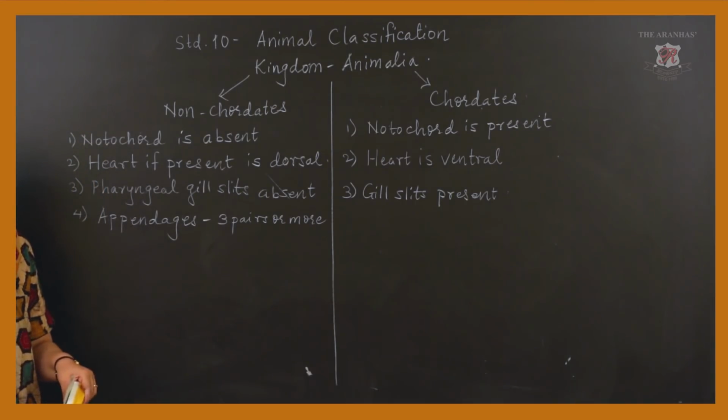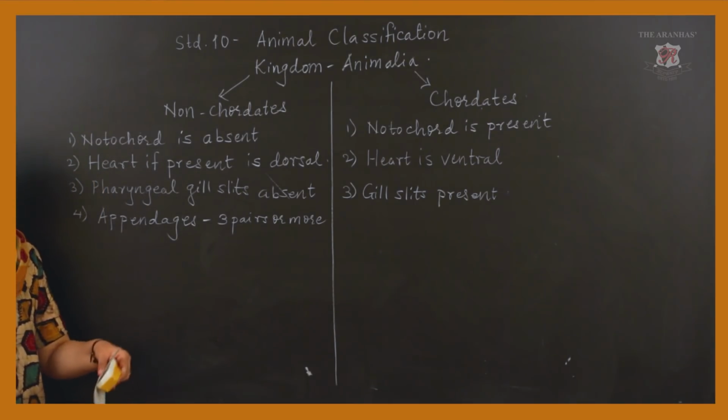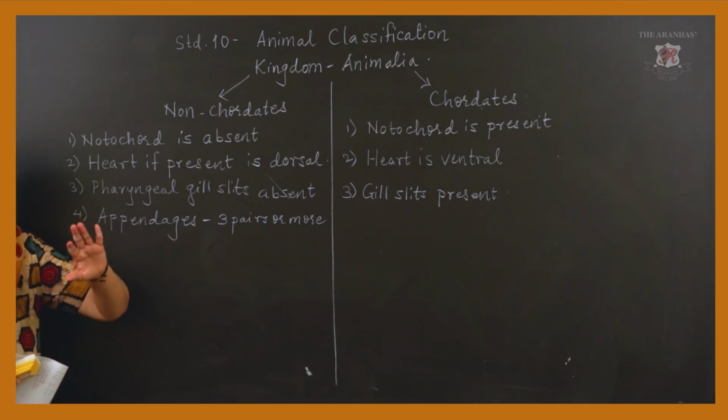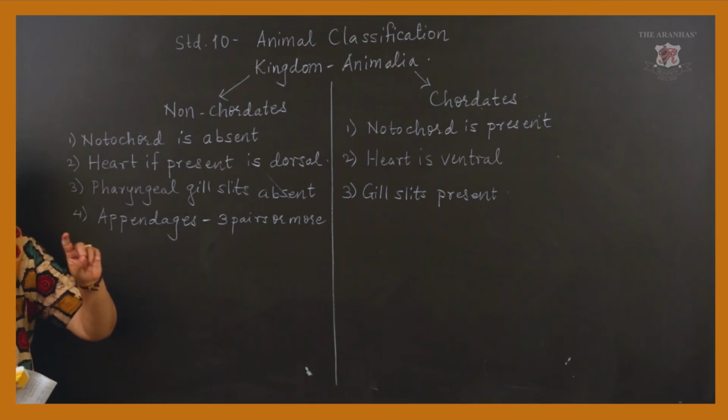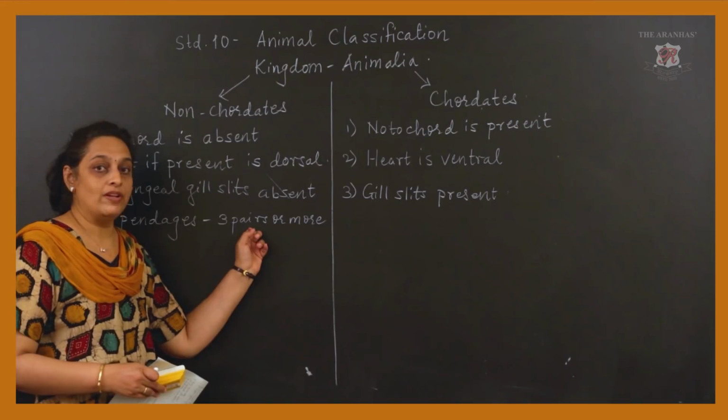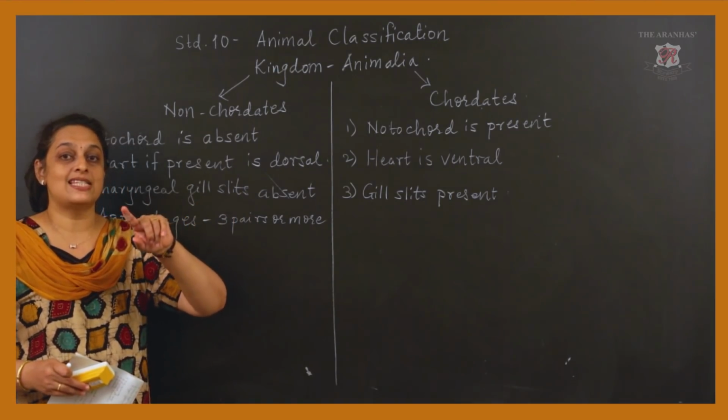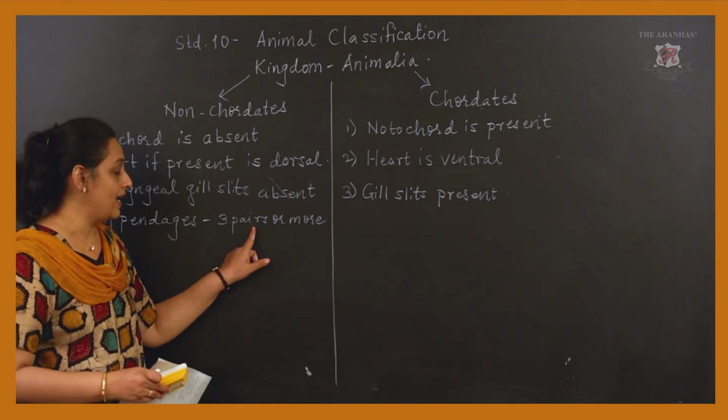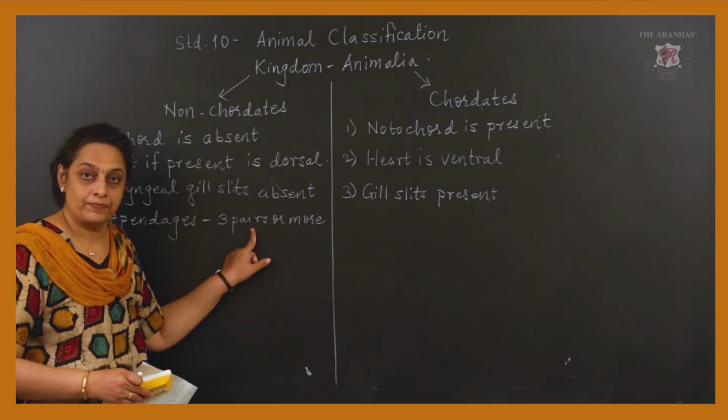So see, cockroach. Now after this, if you happen to see a cockroach, count its legs. You will find that cockroaches have 6 legs. 6 legs means 3 pairs.